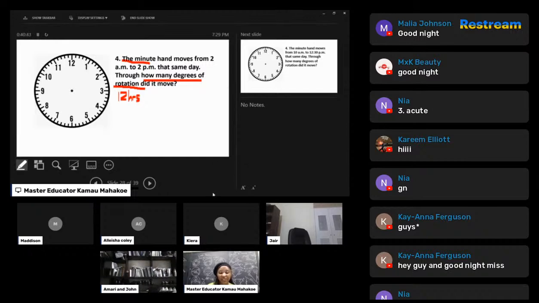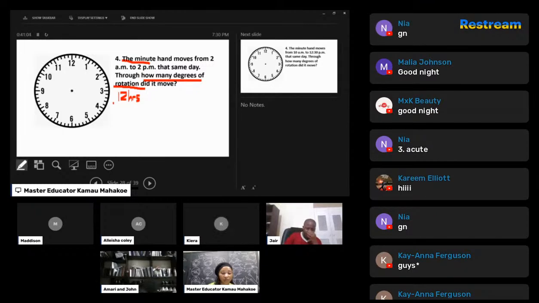One complete rotation is 360 degrees. How many degrees would 12 rotations be?